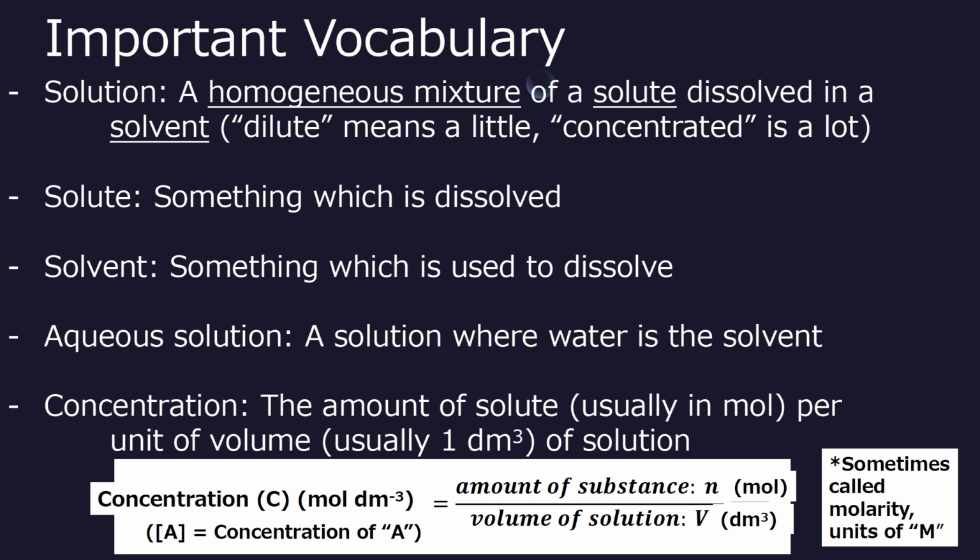Similarly, you might see concentration instead of C or C subscript, you might see square brackets around something. And when the square brackets are around something, we're talking about the concentration of that thing. So on my slide here, I have the example [A]. That means the concentration in mole per decimeter cubed of A.